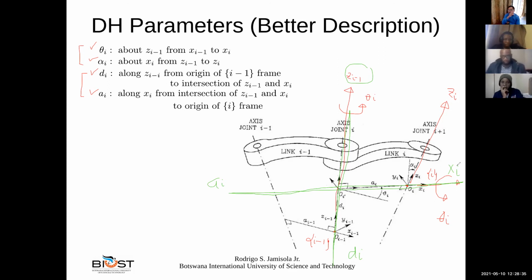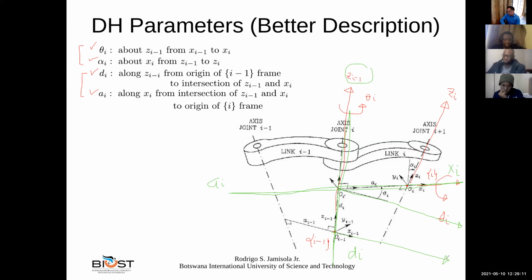Okay, so now how do we do this? Let's consider theta i, about zi minus 1. This is the one from xi minus 1 to xi. So where is xi minus 1? Xi minus 1 is oriented this way, from here to there. Of course we can transfer xi here because we're only considering rotation.